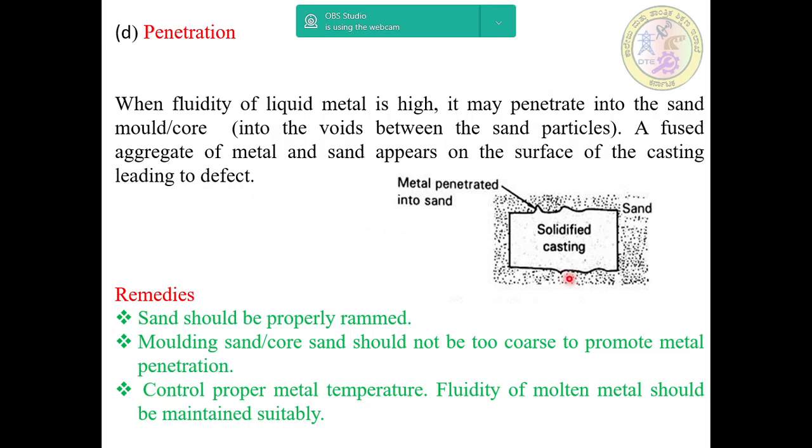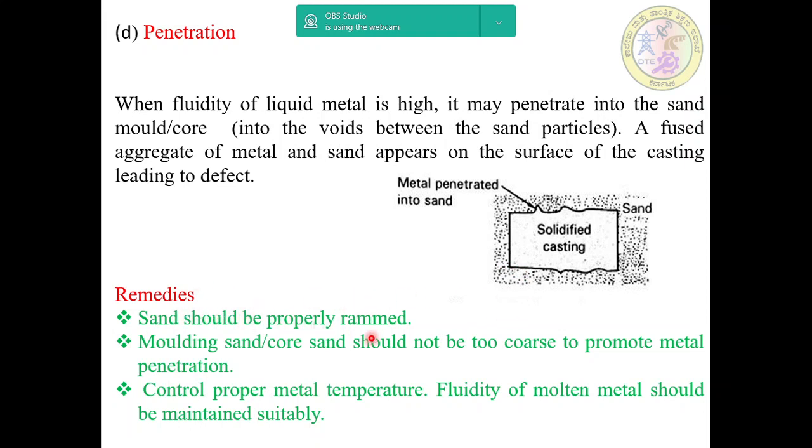That means while pouring the molten metal, after filling the mold, it will enter the mold sand. It will penetrate the mold, and this penetration of extra metal into the sand is nothing but penetration. That's why you have to rectify this penetration.